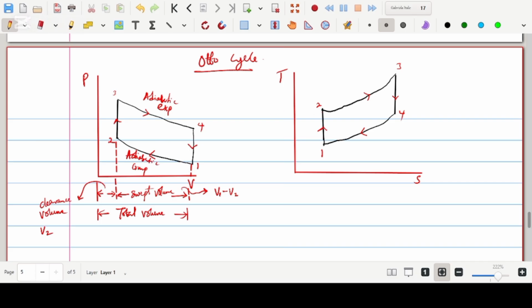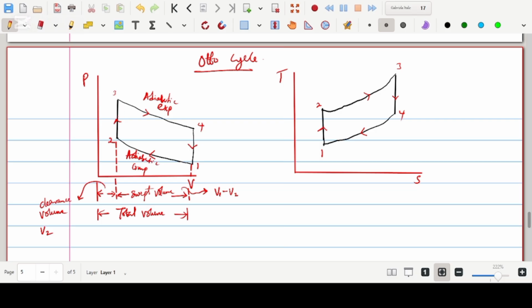Then on the TS diagram you have a vertical straight line, with the arrow going up. That's how to plot the graph, because for every question you solve, you are expected to have an illustrative graph to tell the examiner what you are trying to explain.